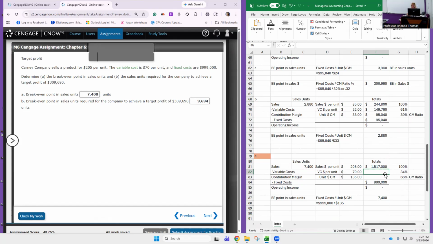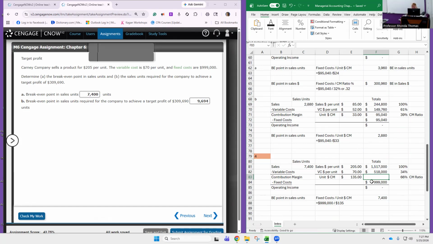Okay, so the variable costs are 7,400 units times variable cost per unit, 518,000, right?